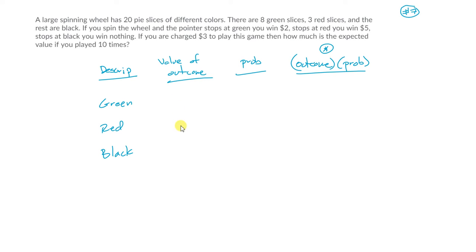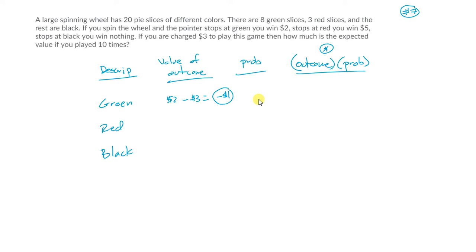The value. Remember, to do the value, you've got to have the payoff, which is positive money to you, but then you have to subtract off the $3. So for example, for the green, you win $2, but you're paying $3. So the overall result is minus $1. That result is what we use. What's the probability?